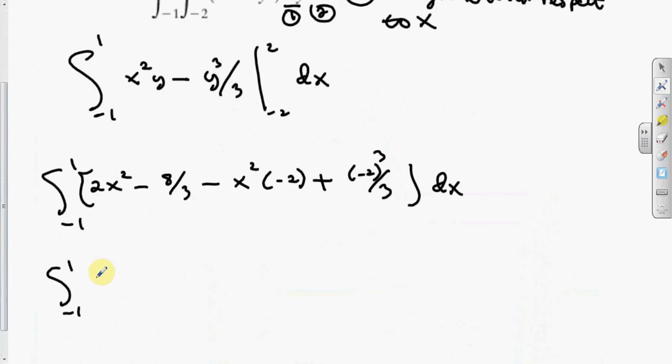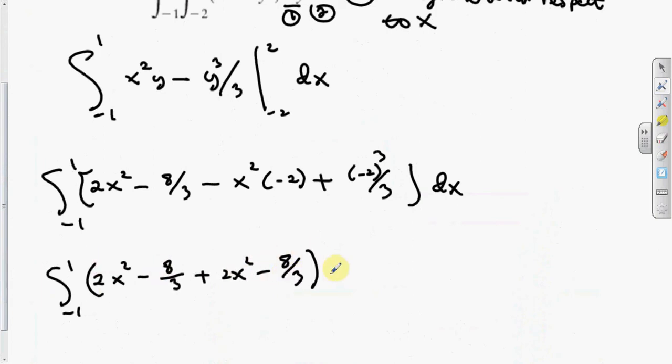So this is 2x squared minus 8 thirds, and that's the -8 thirds over there. Well, let me slow down. Just put that 8 thirds. This is plus 2x squared minus 8 over 3.